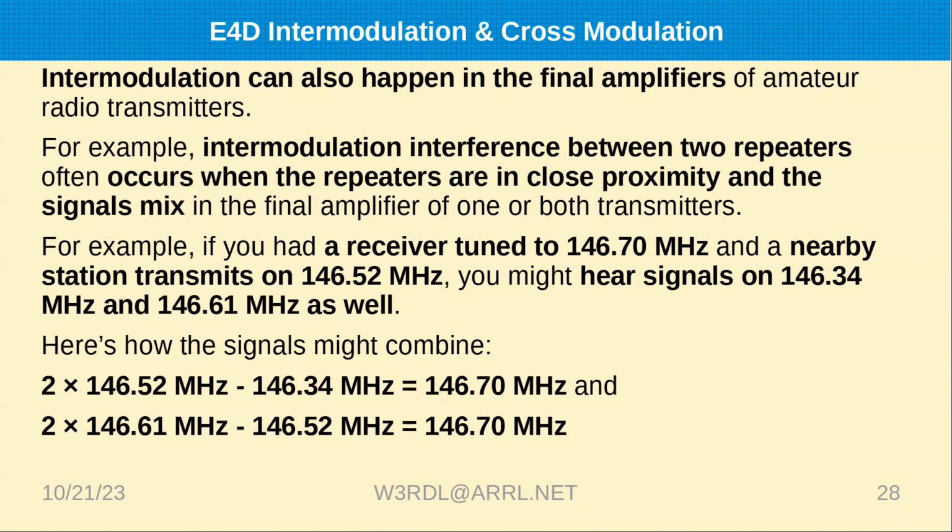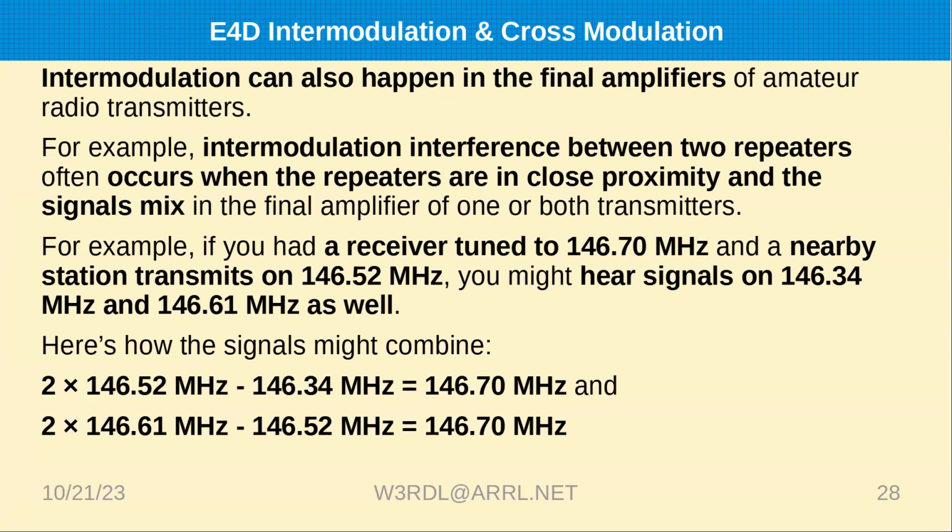Now, it says that you can have intermodulation interference if you've got two repeaters in close proximity, and somehow those signals get into the final amplifier of the repeaters, which says to me their shielding and grounding isn't very good, but anyway. However the signals get in there, they can mix and cause these intermodulation products.